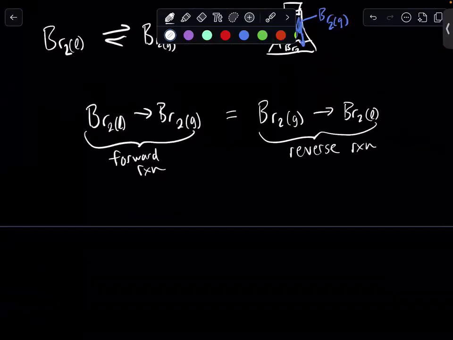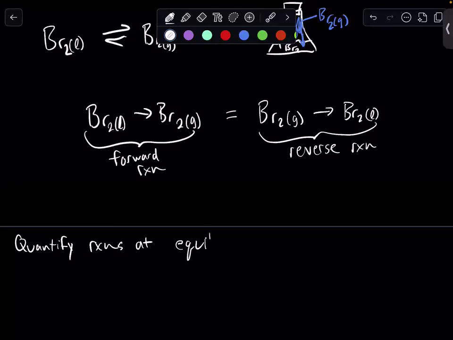We quantify reactions at equilibrium with two things.